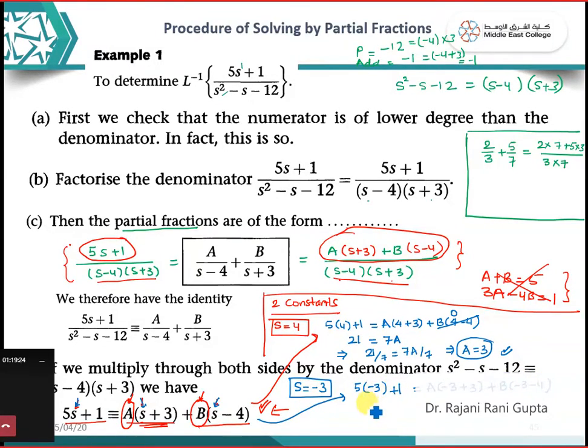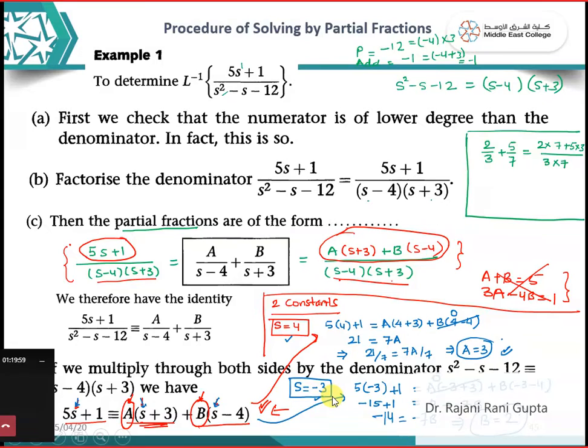So 5 times minus 3 gives you minus 15 plus 1, which is minus 14, equal to: minus 3 plus 3 is 0, this total term becomes 0, and this gives you minus 7b. So minus 14 equals minus 7b. This gives me b as 14 divided by 7, which is 2. So see, I got directly the values of a and b by selecting s equal to 4 and minus 3.